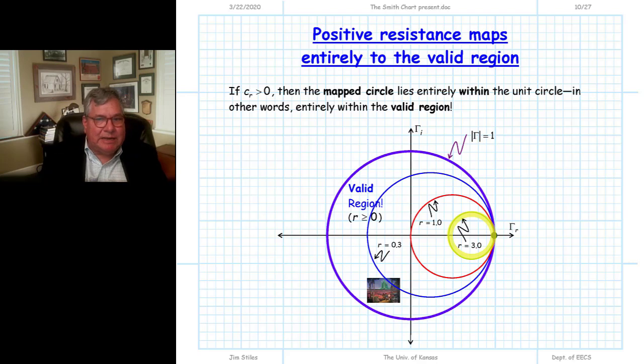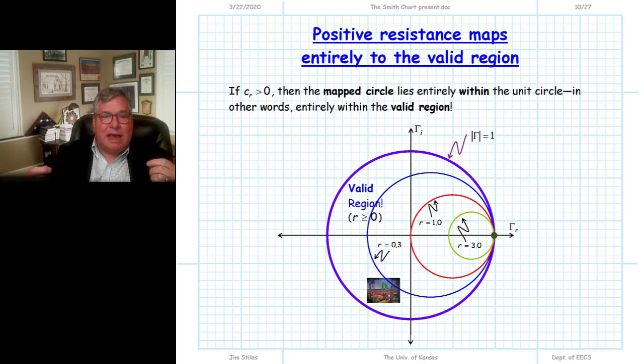So we look at this and we can see that there are a couple of things that are occurring. As the value of CR goes from 0 to infinity, the center of these circles move from the origin when CR is equal to 0. It will move rightward out toward the open circuit, which is where the center of the circle converges to when CR goes to infinity.